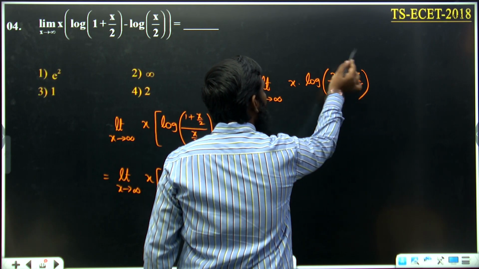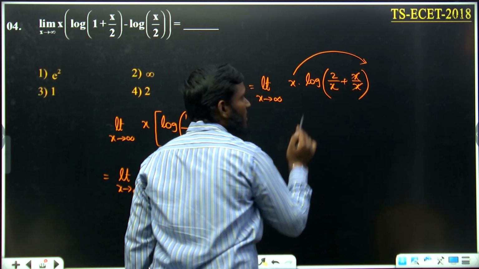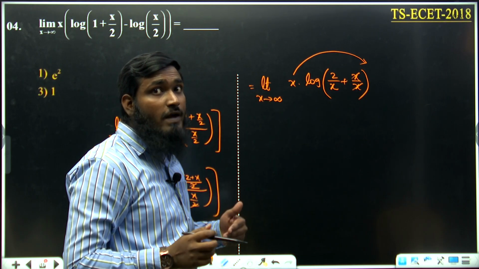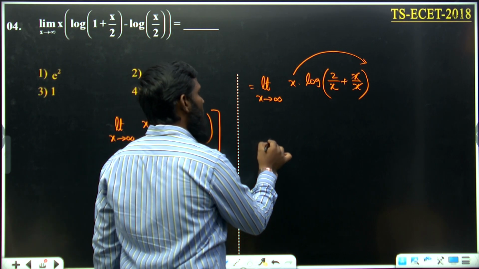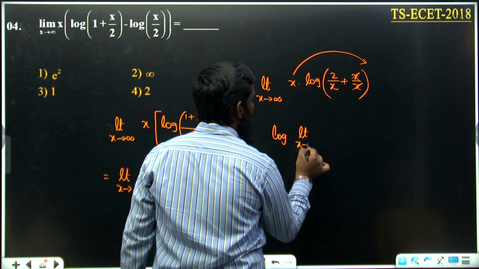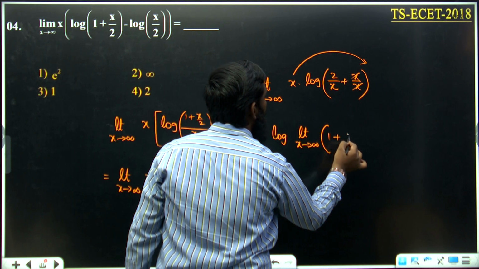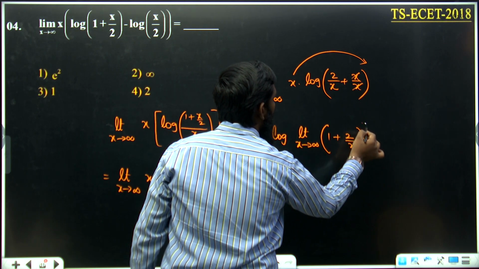Now, this x we are sending into the power, because we have the logarithmic function, and log we write as it is. Then next we have limit x tends to infinity, and this x by x means (1 plus 2 by x) whole power x.